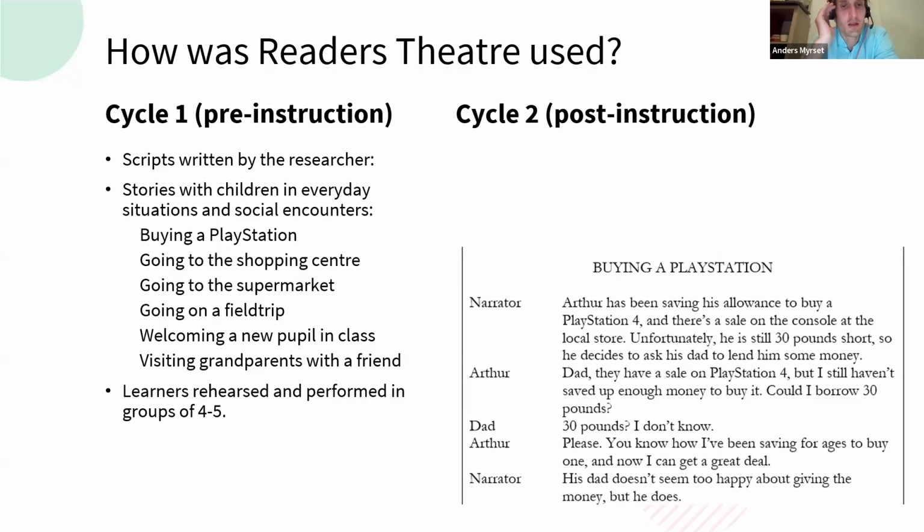And then the learners were each given one of these stories and rehearsed and performed in groups of 4 to 5. And this was a way for me to introduce requests. So prior to the instruction, we already had this activity where they rehearsed and they performed. And then once we started the instruction, we could also go back to these scripts.